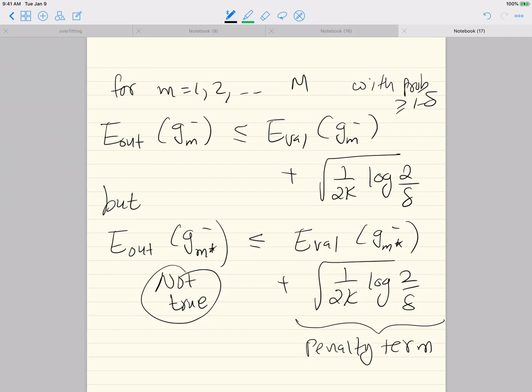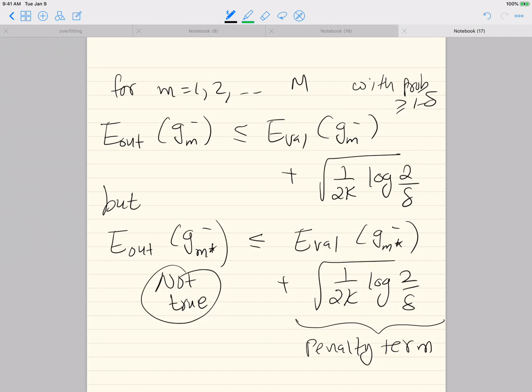The problem still holds for the second worst. So this holds for every m. So for G1 it will hold, for G2 it holds, and so on. But the point is that even though M star, so let's say M is 2, you either have G1 or G2. This bound will hold for G1, this will hold for G2.